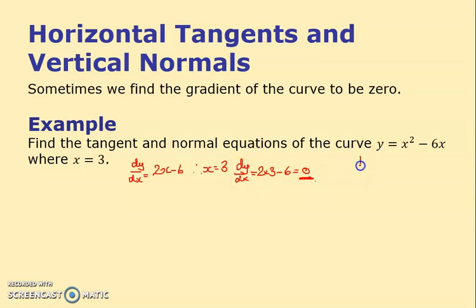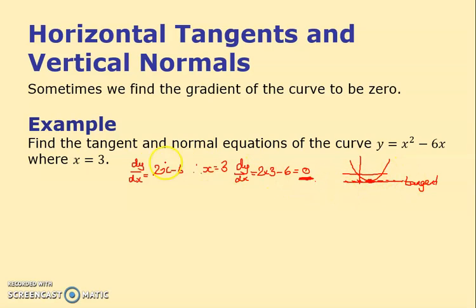Well, essentially it means, well, x squared minus 6x, I know it looks roughly like that as a curve, and that 3 is there, and you can see actually we're right, we found the point which is a minimum point. So whenever you get a gradient of 0, the tangent, and this is of course the tangent here, is just the y value at which it crosses, because it goes straight across.